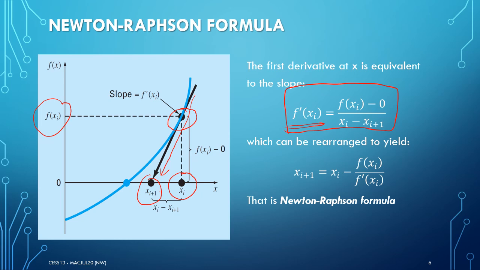When this equation is rearranged, we get the equation for determining the next estimated root: xi plus 1 equals xi minus the function of xi divided by the first derivative of the function. This is what we call the Newton-Raphson formula.